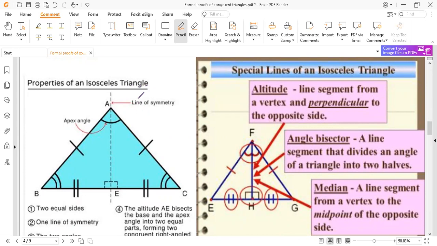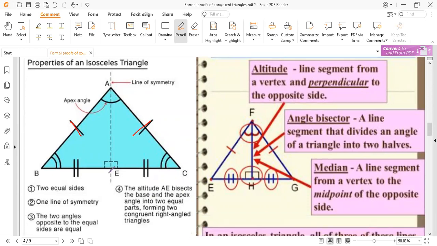An isosceles triangle has two sides, two adjacent or consecutive sides, that are equal. And one of the main properties of an isosceles triangle is that the two angles opposite to the equal sides are equal. We have this side and this angle opposite to it, so these two angles are equal.